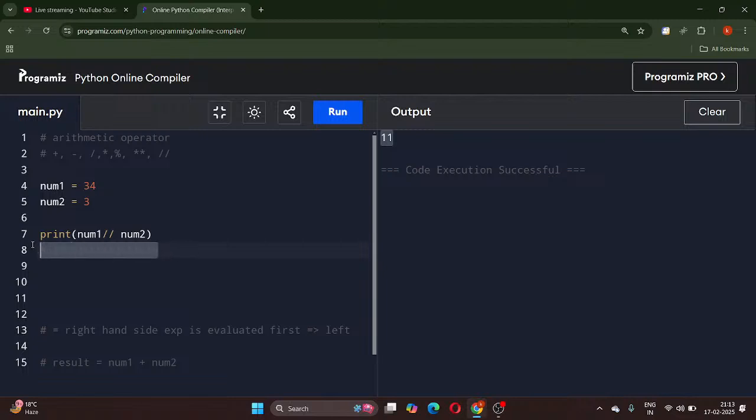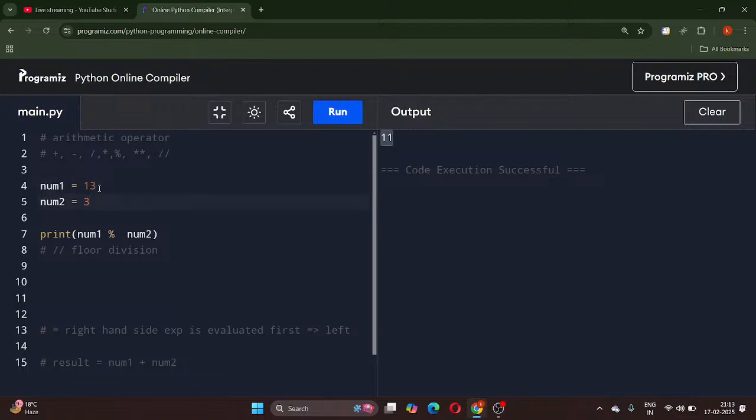Now the next operator that is there is the exponentiation operator, or before that let us go for the mod operator. The mod operator basically gives you the remainder after floor division. Suppose you're dividing two numbers. Let us consider that we have 13, and we are dividing 13 by 3.